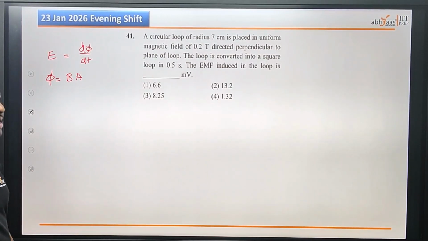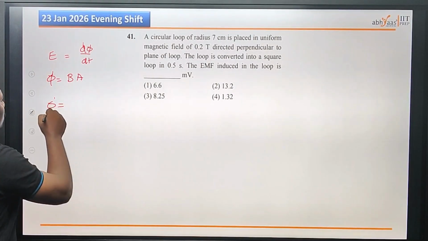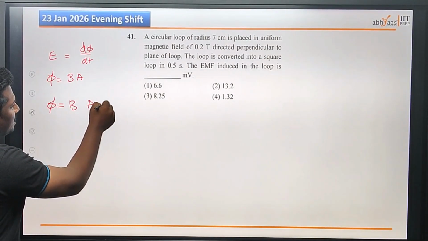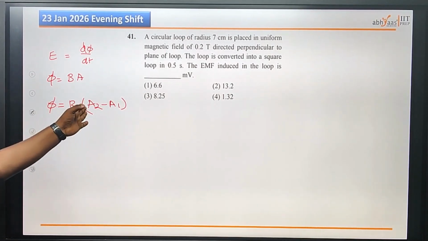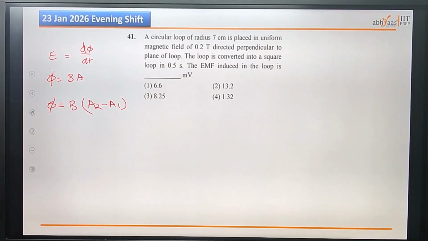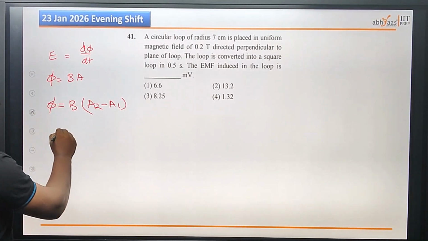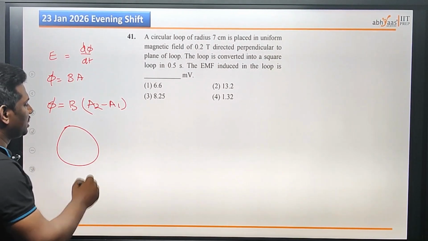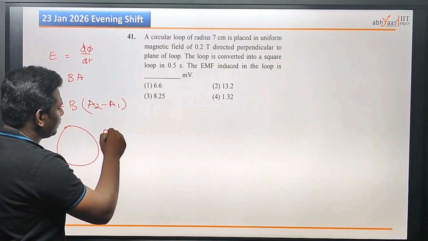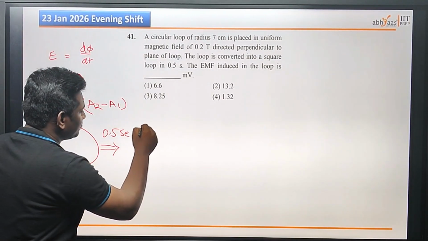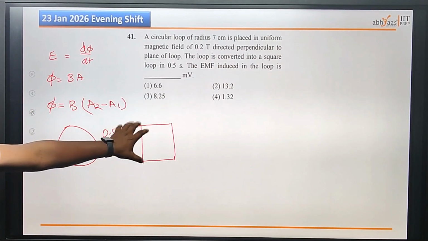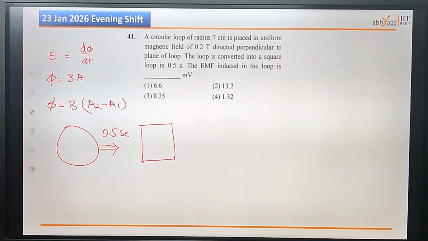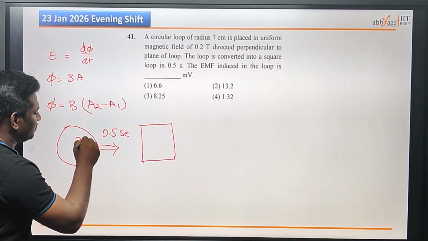Here you have two areas. You have to take phi equal to B into final area minus initial area. First you have to find A1 and A2. They have given a circular loop. First we have a circular loop, then in 0.5 second that is converted into a square loop. The radius is given as 7 centimeters.